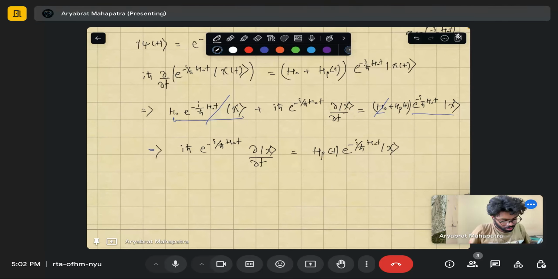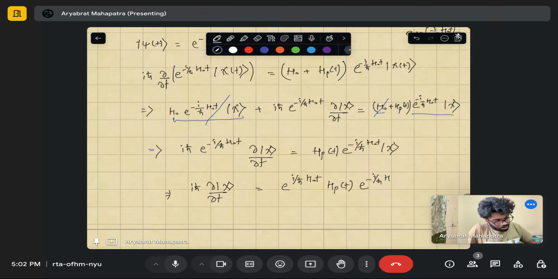Then I can write i h bar del chi del t is equal to exponential i over h bar H naught t H_P(t) times exponential minus i over h bar H naught t chi.